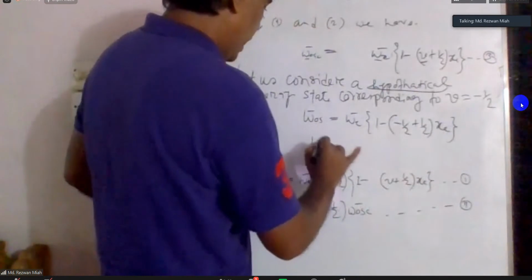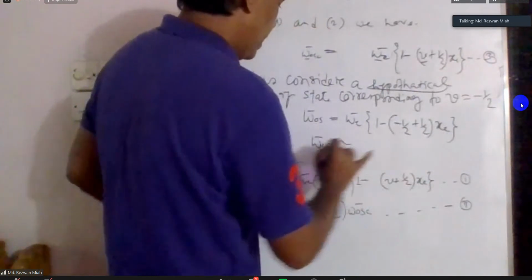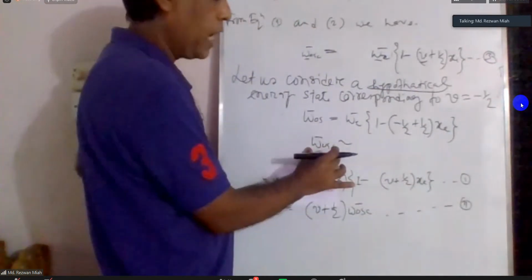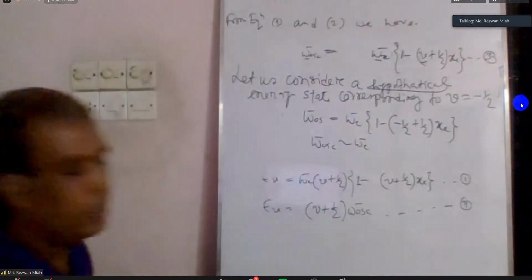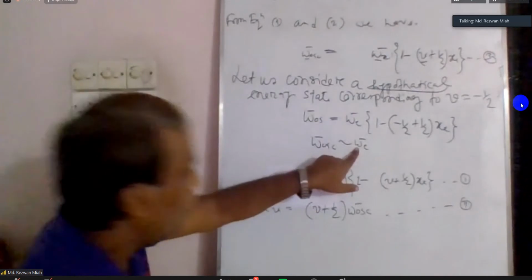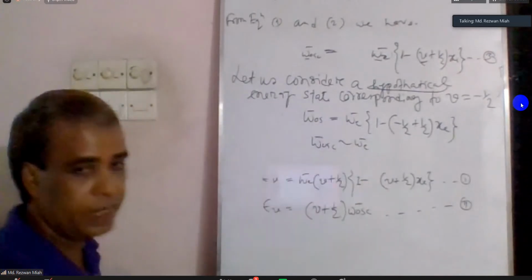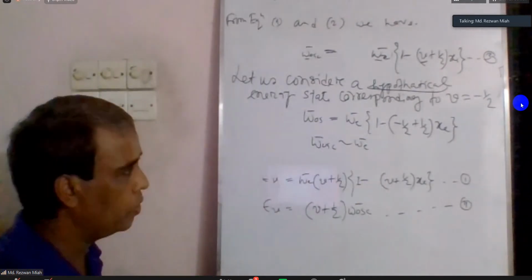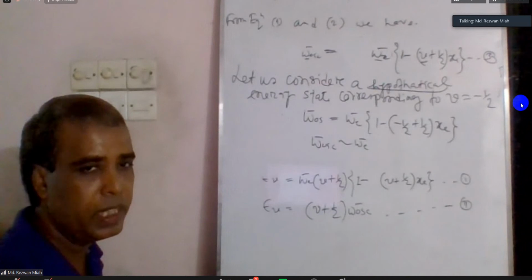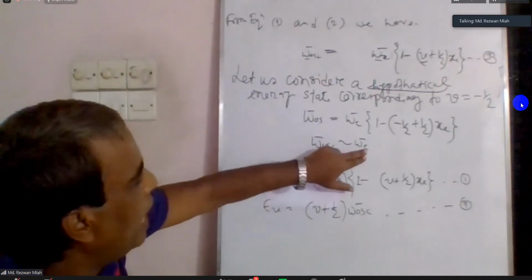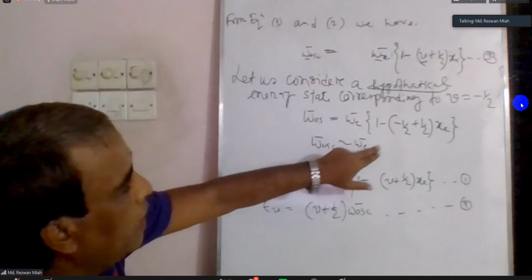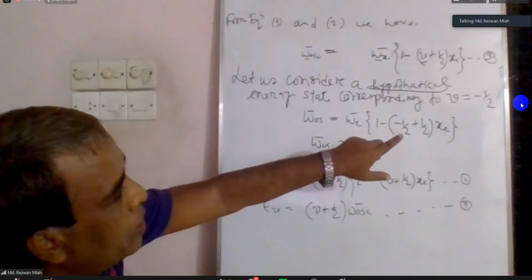So approximately, the oscillation frequency of the harmonic oscillator is equal to the oscillation frequency of the anharmonic oscillator. Therefore, omega E bar represents an oscillation frequency corresponding to a hypothetical level which is mu equal to minus half.